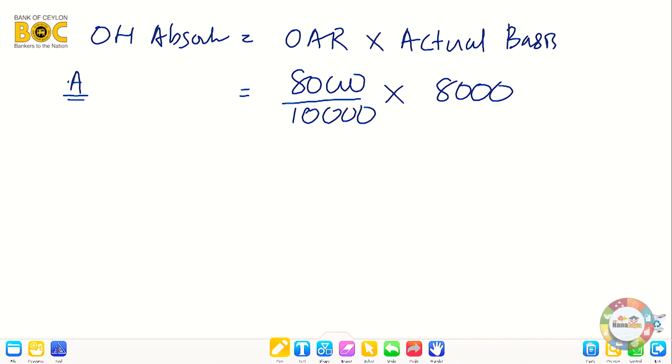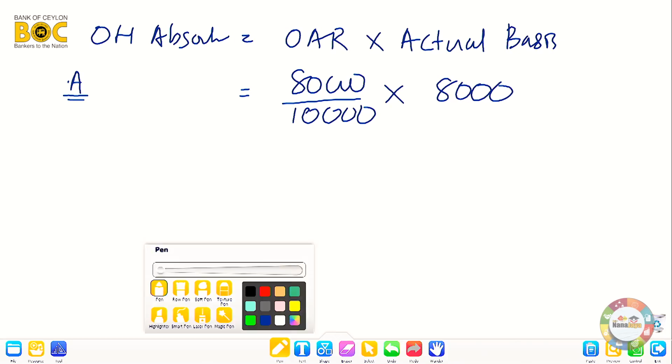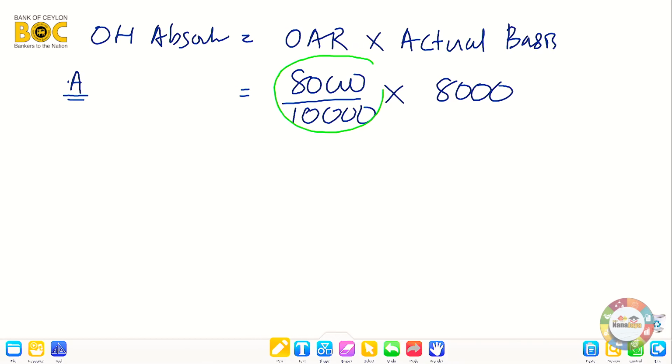The overhead absorption rate is calculated using budgeted details. Budgeted overheads of department A was 80,000, budgeted labor hours 10,000, into actual hours 8,000. So how much do you get? 8 into 8,000, 64,000 rupees.